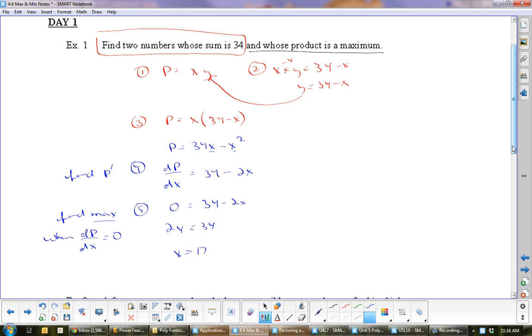And then y equals 34 minus 17, which equals 17. The two numbers are 17 and 17.